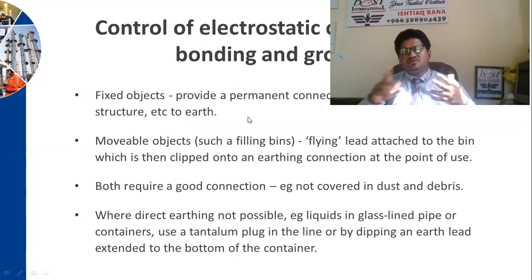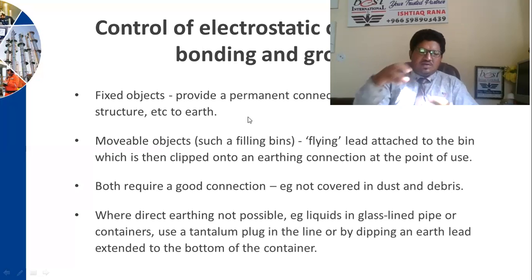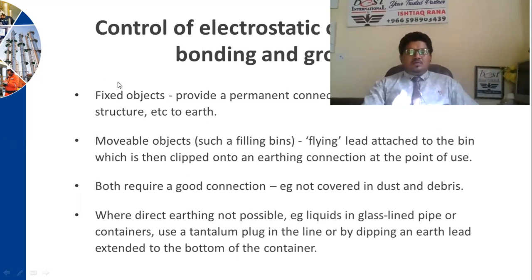Bonding is more often used whenever we are refilling different tanks, or where there are chances that static electricity can be created, because we don't want any chance of heat or spark to be created. Otherwise, explosion chances will be there.